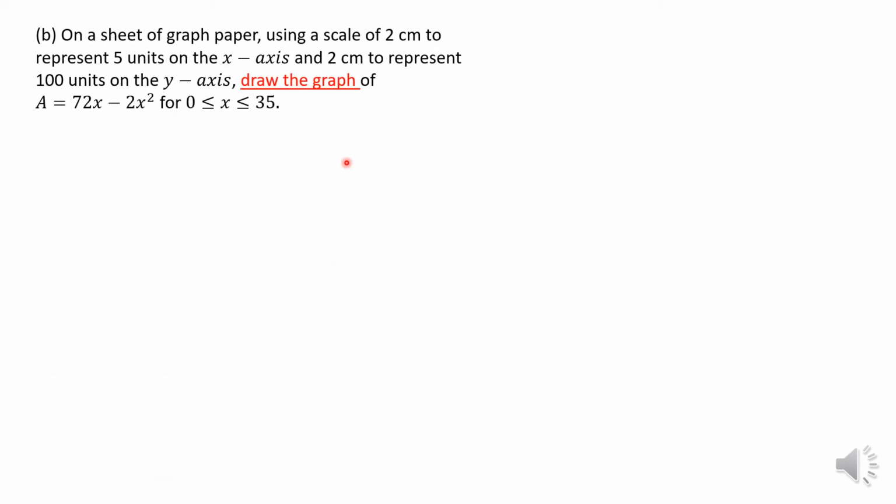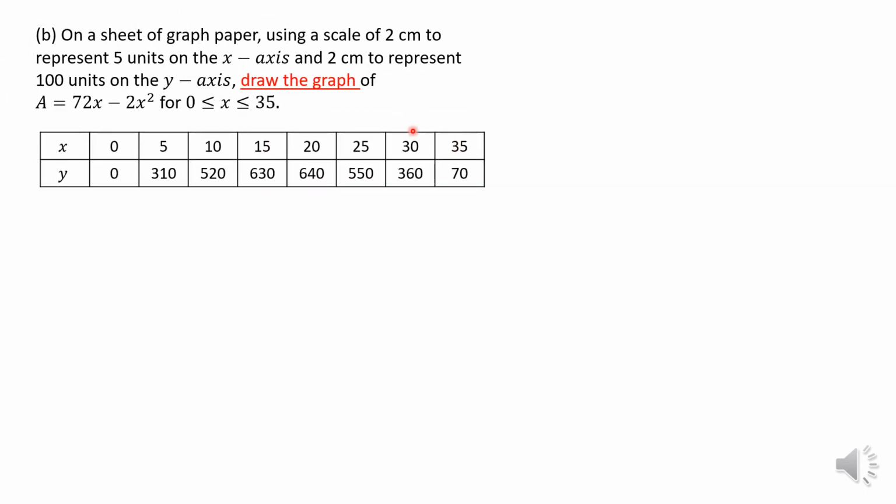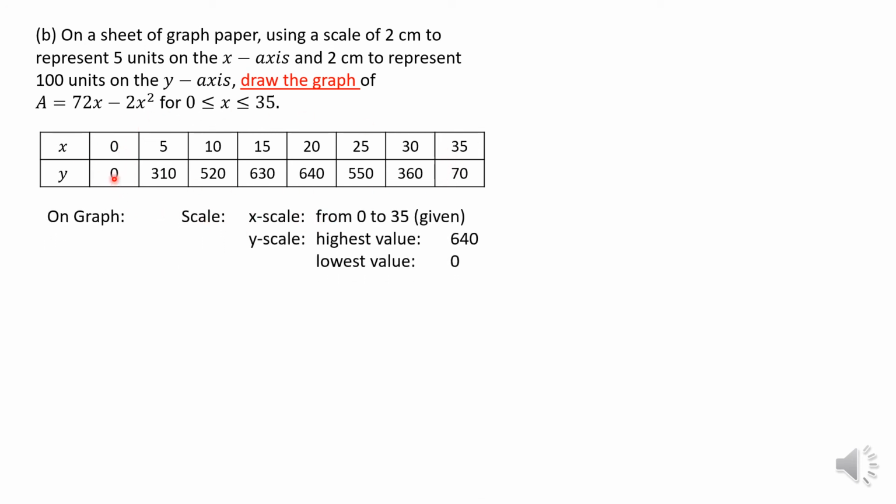On this part, they are saying you're supposed to use graph paper, and you must use a scale of 2 centimeters to represent 5 units on the x-axis and 2 centimeters to represent 100 units on the y-axis. Then you draw the graph of A equals 72x minus 2x squared for values of x between 0 and 35. So if I bring my table back, I have my completed values. I know that my x scale must be from 0 to 35.